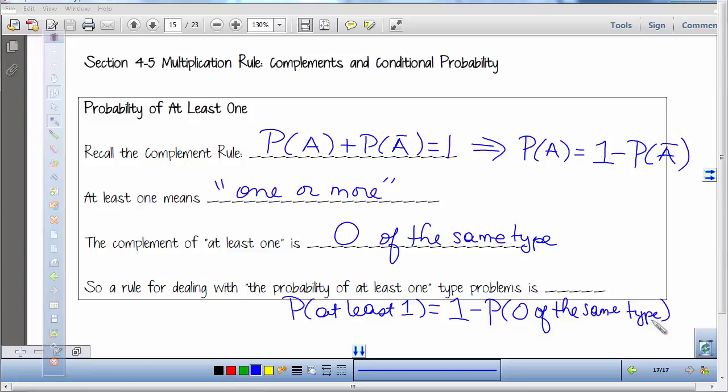So instead of having to calculate all of those things, what we will do is calculate the one thing that's not included in at least one, and then just subtract that from the total. And that's going to leave us with the probability of at least one.